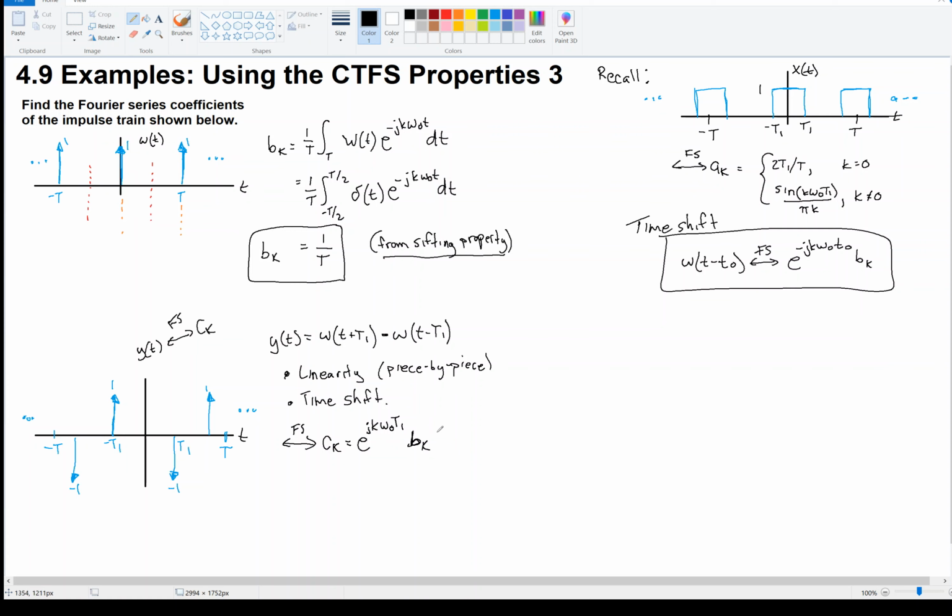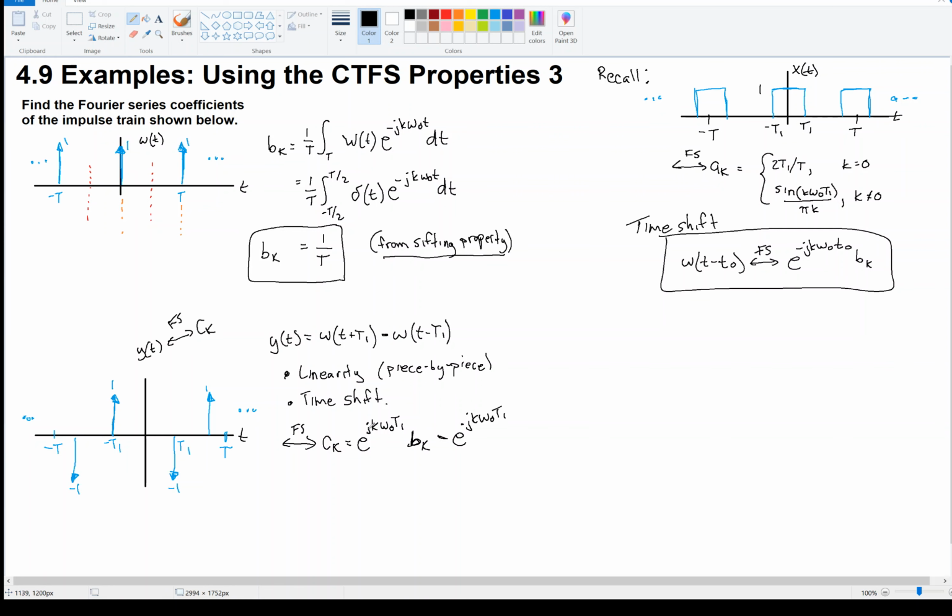Okay, and then the next piece we have minus. Now we've got some symmetry happening, so I can compare this to my formula, and we just see that t0 is t1. So this becomes minus jk omega 0 t1. Notice I have a negative there because of the negative in the formula.